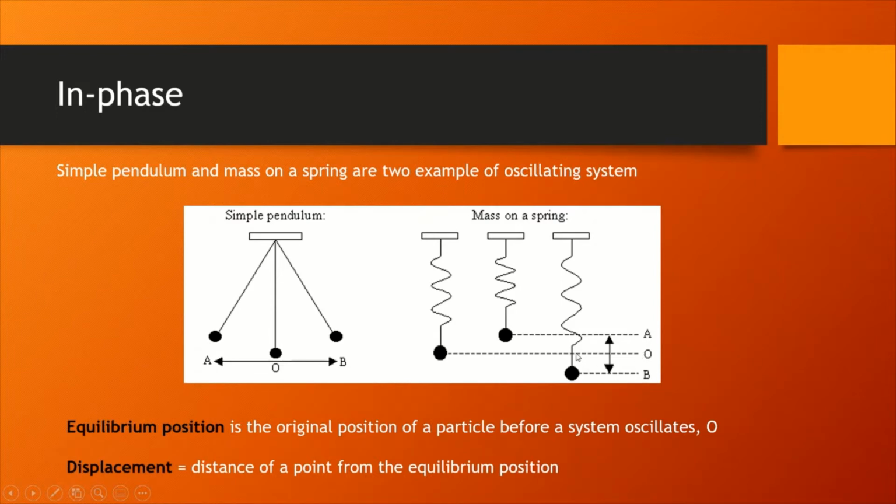If we stretch the spring to B before we let go, OB is called the displacement. And if we compress the spring from the equilibrium position to A before we let go, the distance OA is also the displacement.